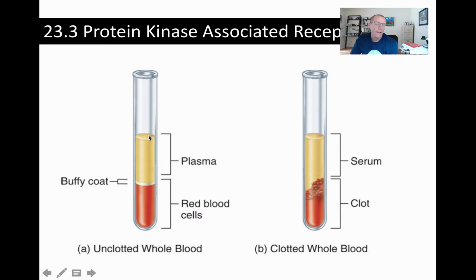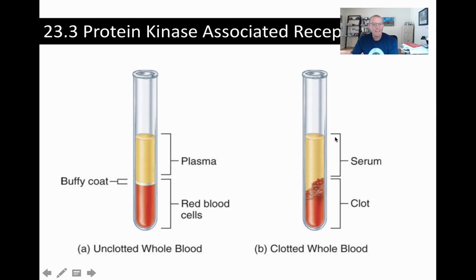And so that includes all of the clotting factors that you find in blood. Now that plasma will not support cell growth in vitro, and so that's not adequate for growing cells in vitro.